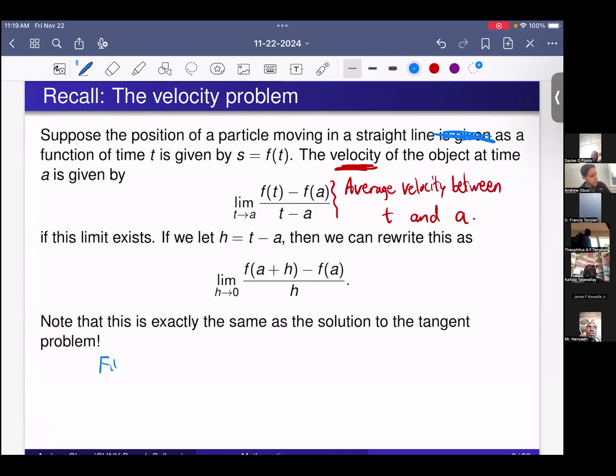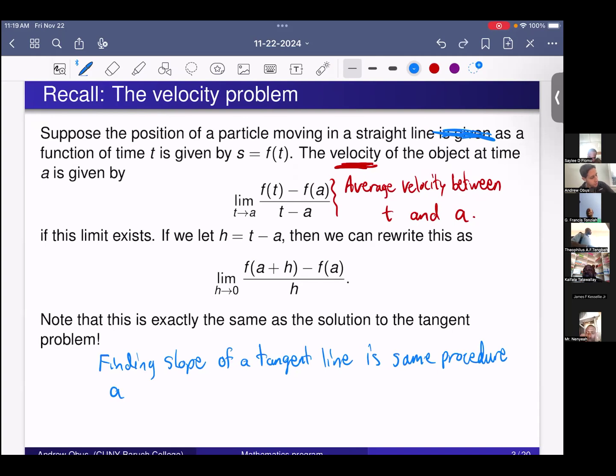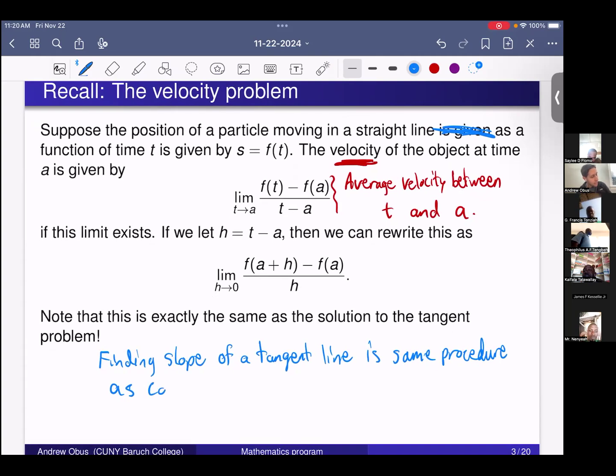So finding the slope of a tangent line is the same procedure as calculating velocity at a given time.